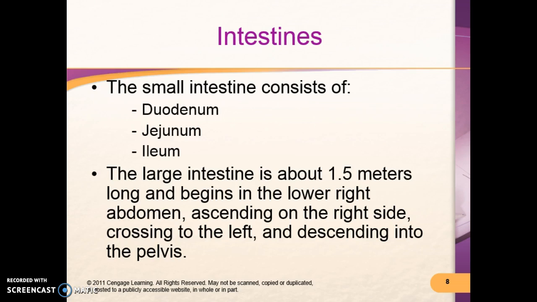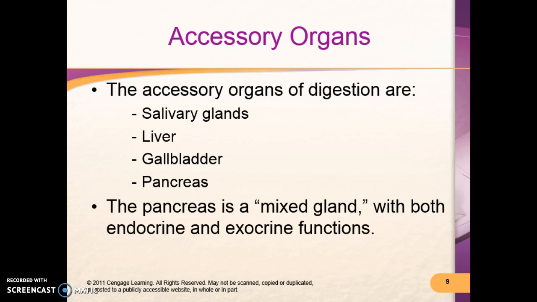We have a few things that are considered what we call accessory organs. They work with the digestive system. They're not necessarily part of the digestive system, but they do work with it. Those include the salivary glands, the liver, the gallbladder, and the pancreas. As we've seen before, the pancreas is also part of the endocrine system.